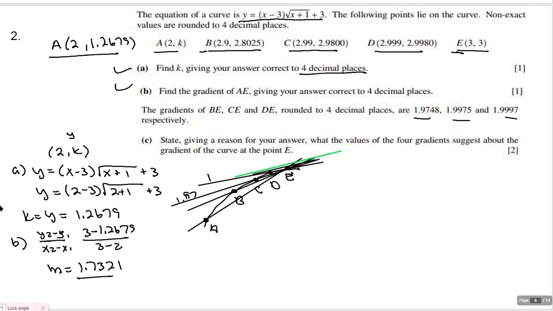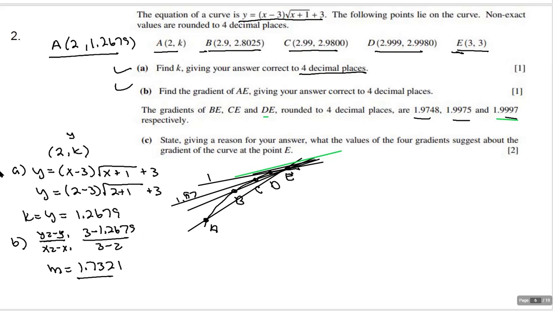Now, you'll notice that it's pretty close to what DE is. All right? So what's happening is, you'll notice as I get closer and closer and closer to this point, I get a smaller and smaller distance. The slope becomes closer and closer to a certain number. That number would appear to be 2. All right?